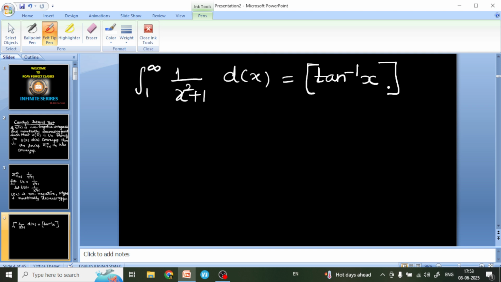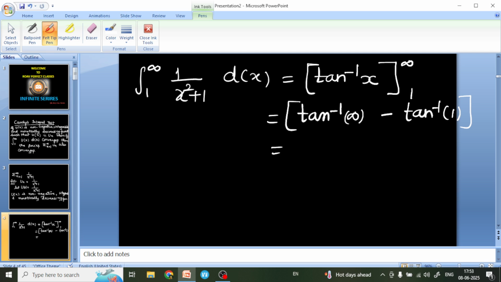Its integration will be equal to tan inverse x, and the given limits will be written here, infinite and 1. Now solve it. Tan inverse infinite minus tan inverse 1.